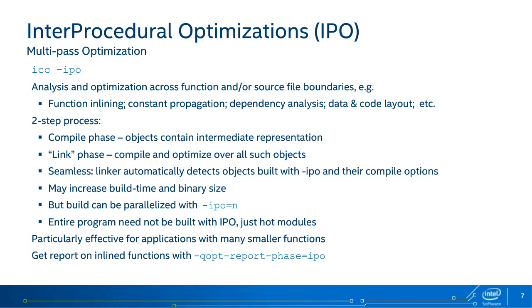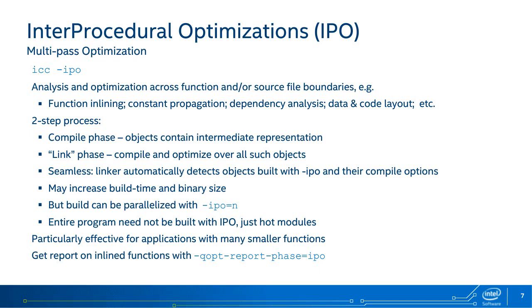If a source file is compiled with IPO, the compiler stores an intermediate representation, IR, of the source code in a mock object file. And when you link with the IPO compiler option, the compiler is invoked a final time. That's why it is called two-step compilation. First time, and then during the link time, it is invoked again.